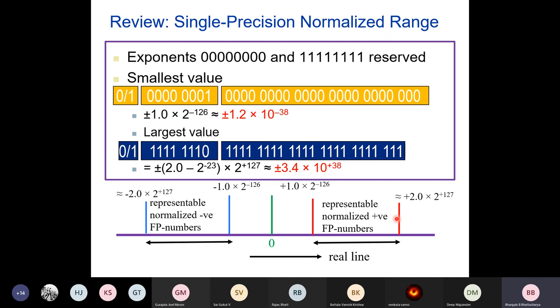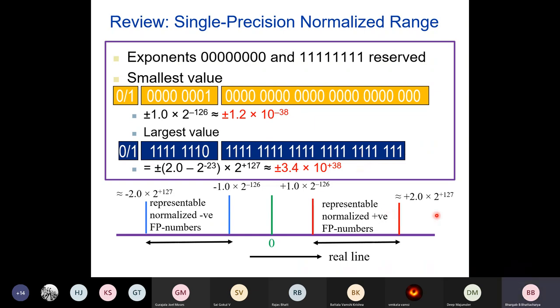When I say representable, it means that you need to do approximation, because on the real line there are infinitely many real numbers, which are not countable. But when we express in floating point, you have a kind of discrete sampling, because you have finitely many bits. So whatever real number you have, you are going to approximate it with floating point.